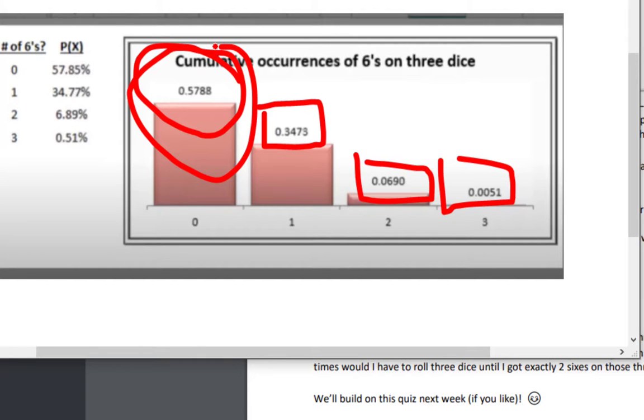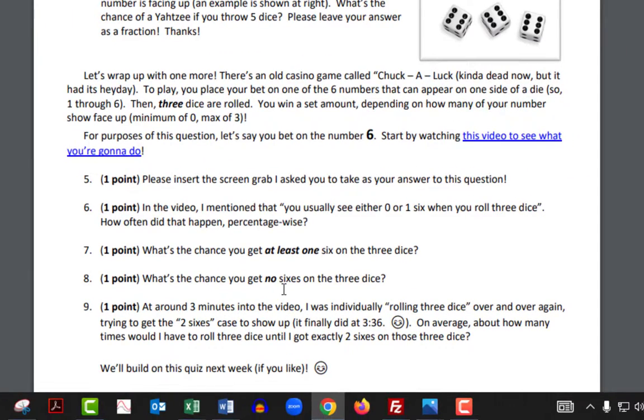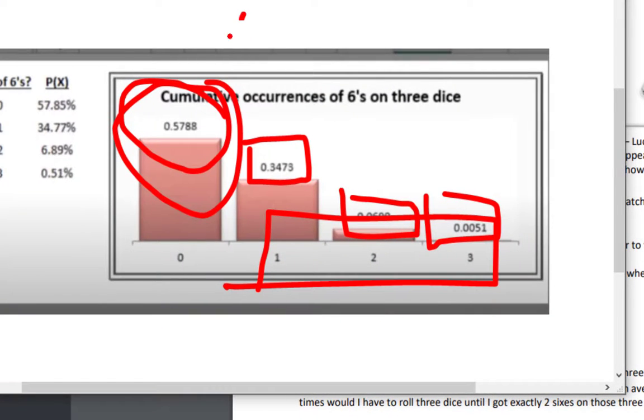So if I do that, I get about 42%. So about 42% of the time, you get either a 1, a 2, or a 3. No 6s was that first one we just looked at right here. That's the chance of no 6s, about 58%.